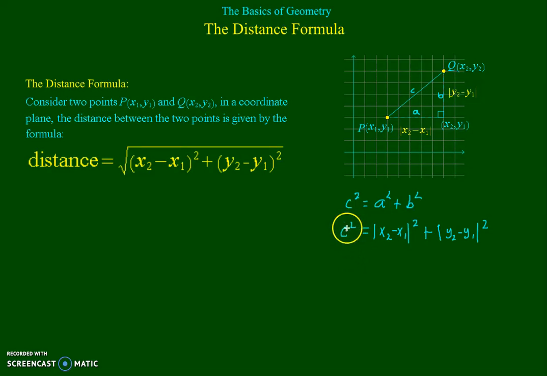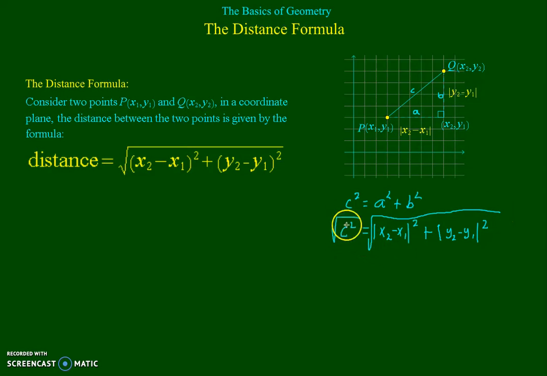In order to satisfy this expression, to find c, the distance, we would have to take the square root of both sides of this equation. So we take the square root of that and the square root of this.